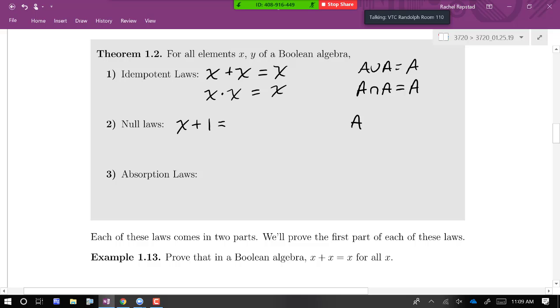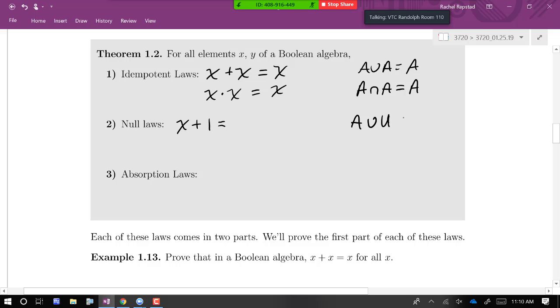What operation is plus with sets? Guesses are fine. Union? That's a union. And what about 1? What element is 1 with sets? It's the universe, right? It's the universe.